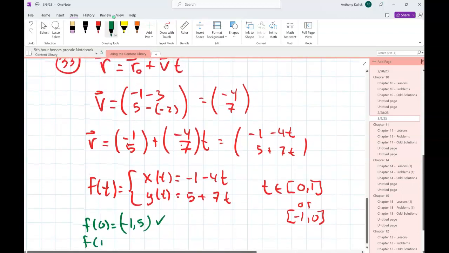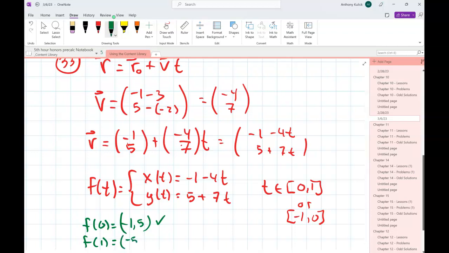If I do f of 1, I get -5, 12. That's bad, because that's not one of my 2 points. So my answer must be -1 to 0. Just to confirm that, if I do f of -1, I'm going to get 3, -2, which is what I should have been getting.